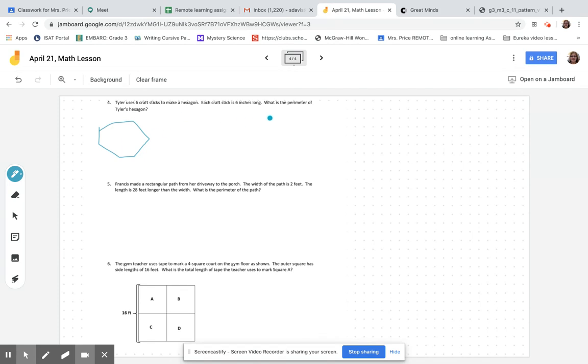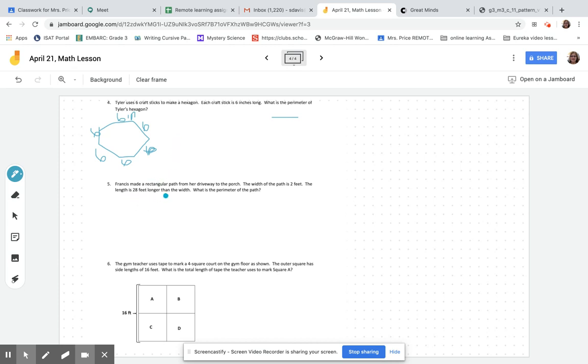Each craft stick is 6 inches long. So 1, 6 inches, 2, 3, 4, 5. I didn't draw this quite right, but anyway, there that is.